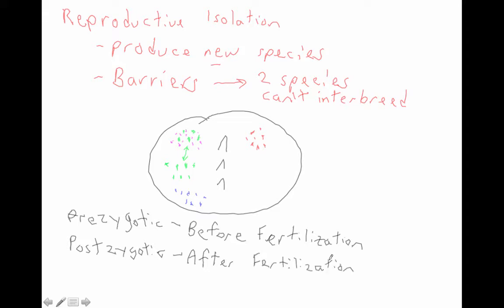So let's look at some pre-zygotic barriers, and we're going to talk about 5 different pre-zygotic barriers. So let's go ahead and list them here. The first one is habitat isolation. The second one is temporal isolation. Temporal just means time.